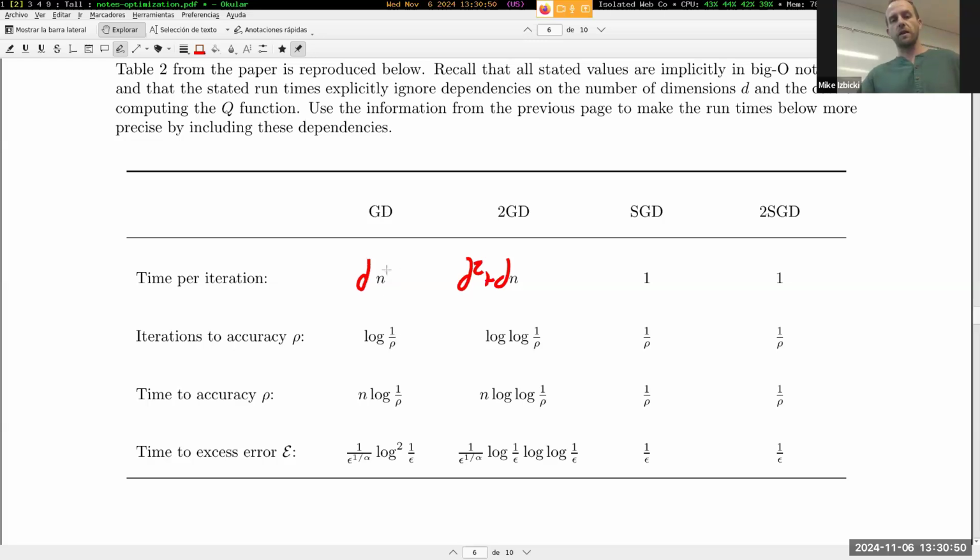That's just multiplying the first row, the time per iteration, times the number of iterations, getting the N value here, and adding in our D factor gives us this D factor up in front as well. For second order gradient descent, it's still the same thing. Multiply these first two rows together and we get this third row down here. It's just that we'll have to add a little bit of parentheses, doing D squared plus DN like that right here.